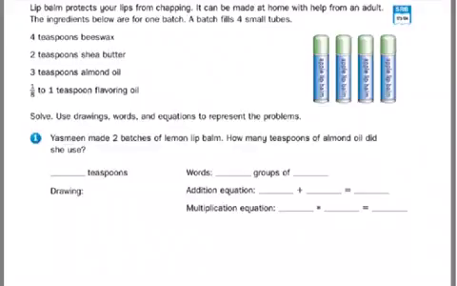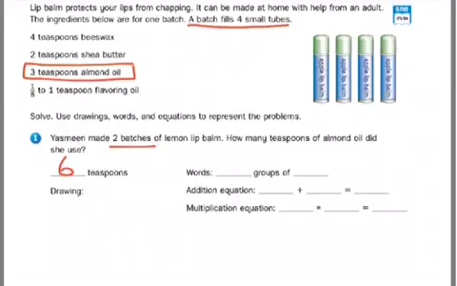So if she's making 2 batches, and what we saw up here was 1 batch, right? Almond oil, there's the information we need, right? So she needed 3 teaspoons for the 1 batch plus 3 teaspoons for the other batch. So that's 6 teaspoons that she would need.